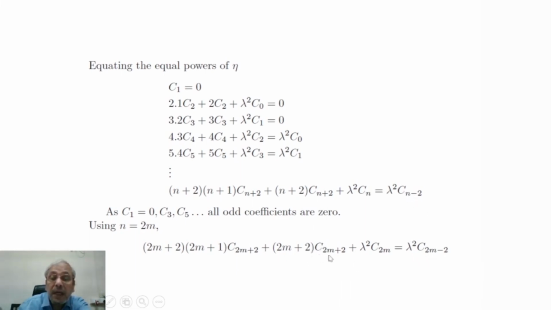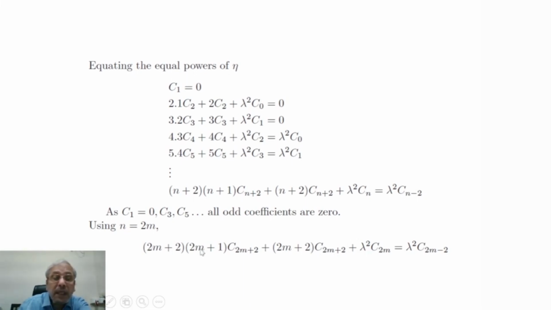Now here, if we collect the coefficients of C twice m plus 2, we take C twice m plus 2 common from these two terms, and within the bracket we get twice m plus 2 into twice m plus 1 plus twice m plus 2 into 1.